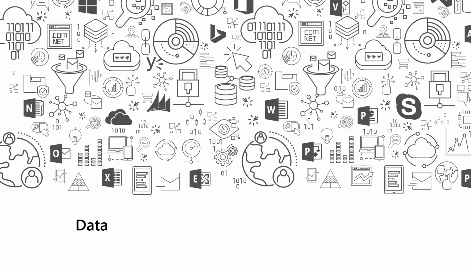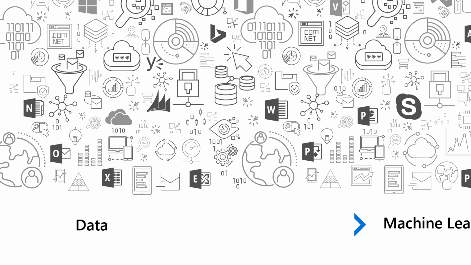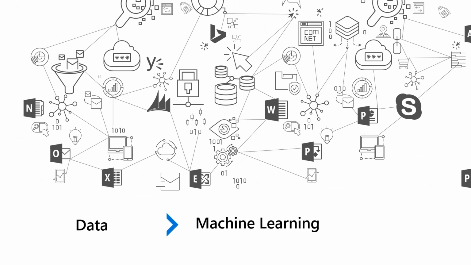But the large, unstructured data sets can be difficult to get something meaningful out of. So you have to refine it first. And that's where machine learning comes in, as it helps us understand the patterns and how things correlate to other things, and most importantly, how it relates to you.